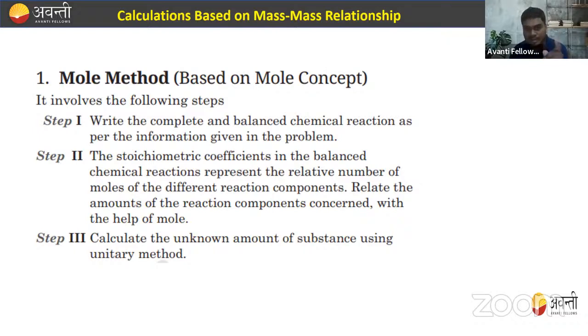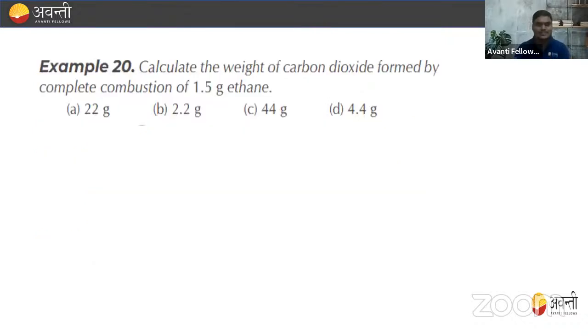Like if 1 mole requires 5 moles of this, then 5 moles require how many moles of this. So just compare each one like this. In step 3, calculate the unknown amount of the substance using the unitary method. So by using the unitary method, we are going to calculate the unknown amount of the substance.